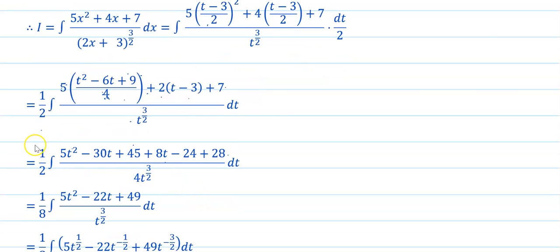Okay, now the next, 1 upon 2 integral 5t square minus 30t plus 45. Okay, या 5 ने पुन्हा मल्टिप्लिकेशन केलेले, plus 8t minus 24 plus 28, and this 4 is to the denominator. Okay, that is the 4 into t raised to 3 by 2.